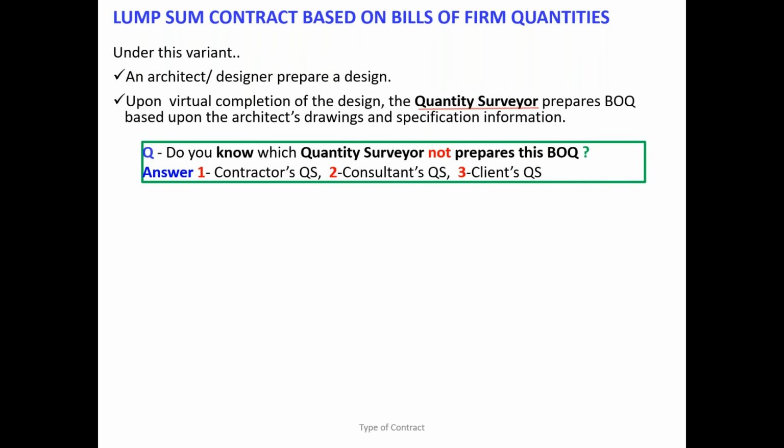Generally, the contractor QS is not there. He will come when you float the tender. So mostly this BOQ will be prepared by either the consultant QS or the client QS, sometimes called the employer QS, not the contractor QS.